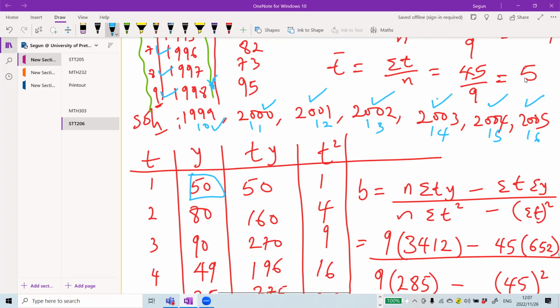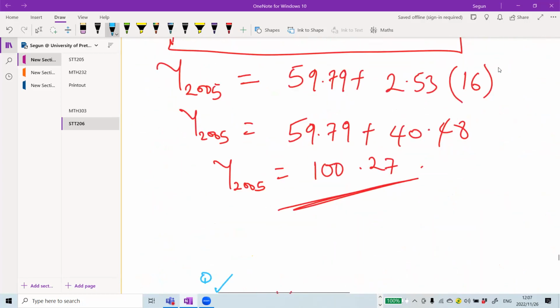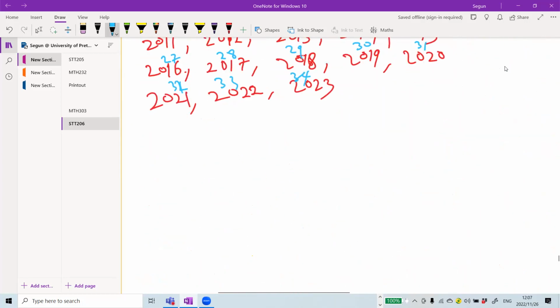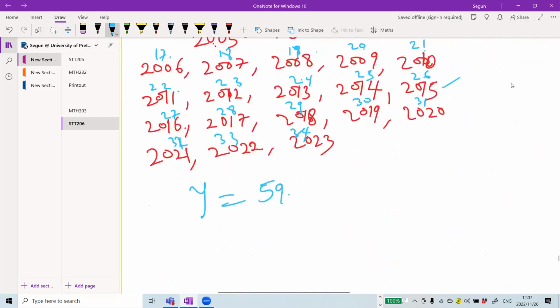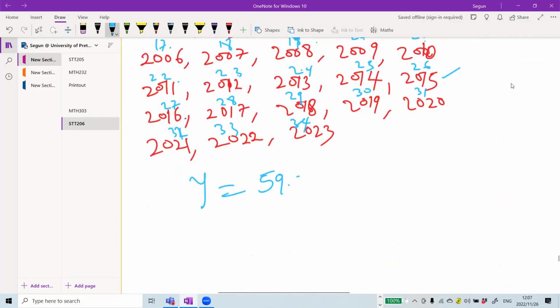Yes, sir. Please take note. So substitute the value now. What do you have? You have y equals 59.79 plus 2.53 into 34.